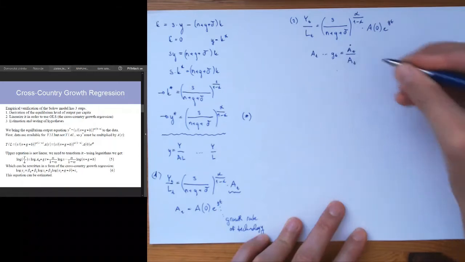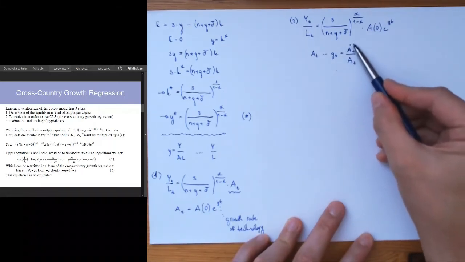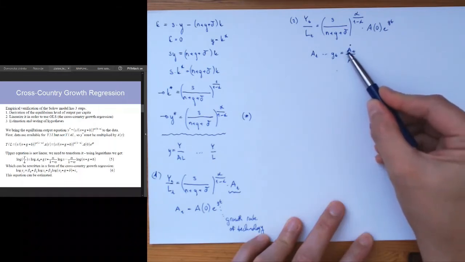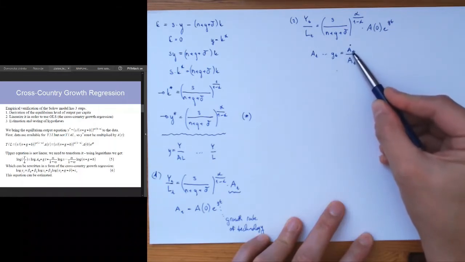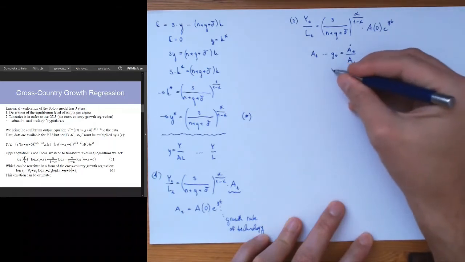So this is our growth rate. And the A dot expression, which is the first derivative of A(t), shows that this is a simple differential equation.